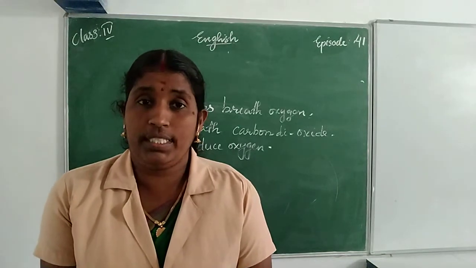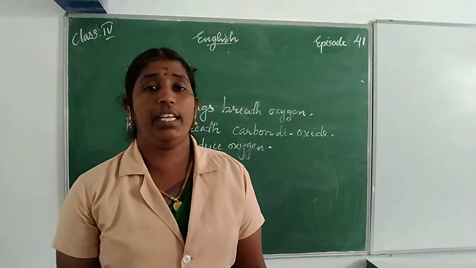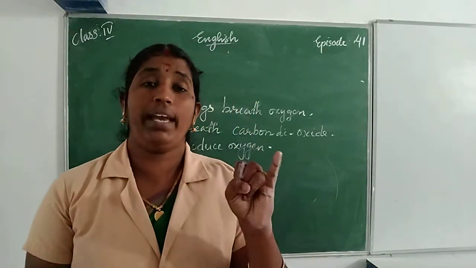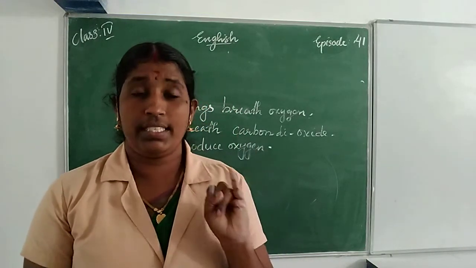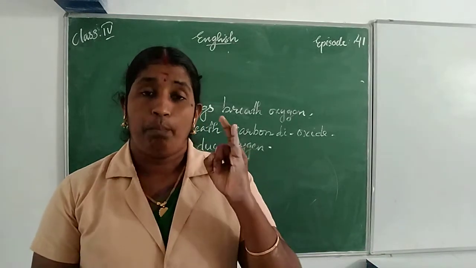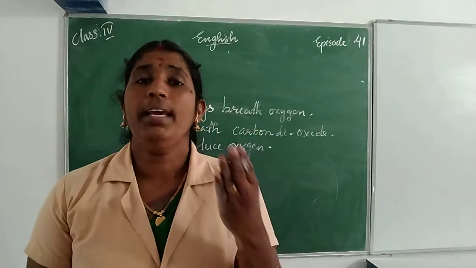We breathe oxygen. Air is a natural resource. Which are the things we study in the I value life segment? First point, air is a natural resource. Then second one, we human beings breathe oxygen. Plants breathe carbon dioxide. Then oxygen is produced by plants.